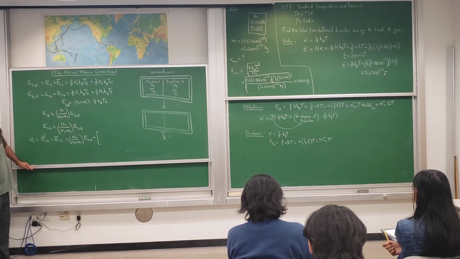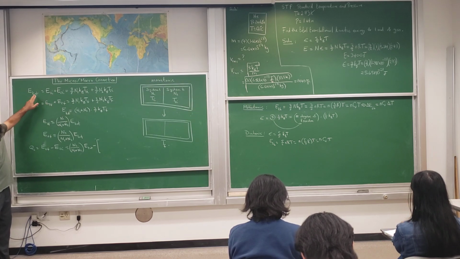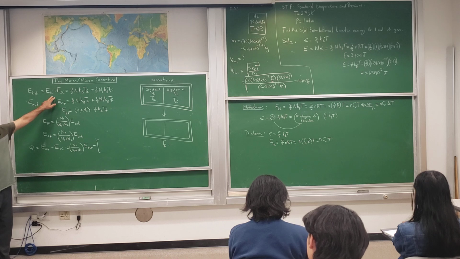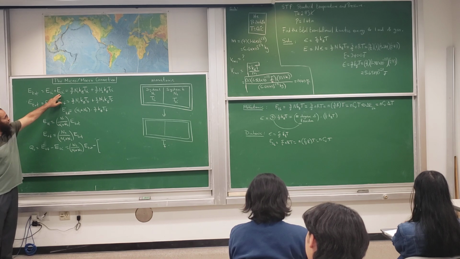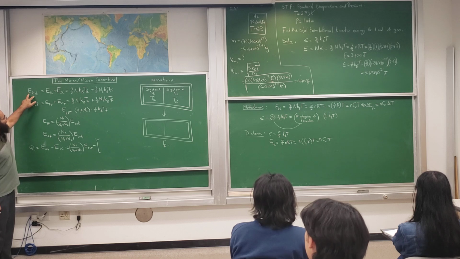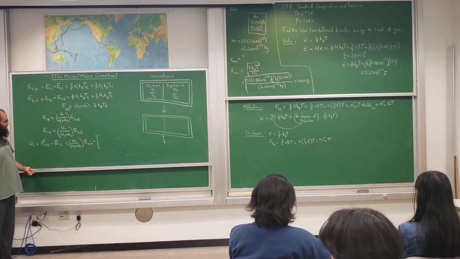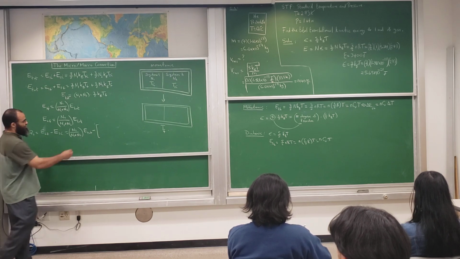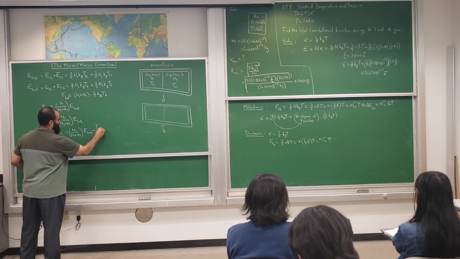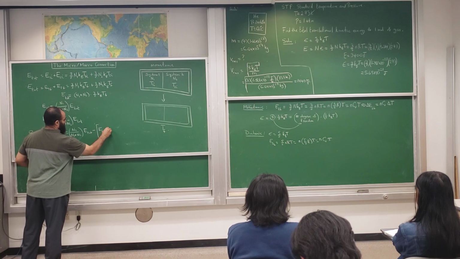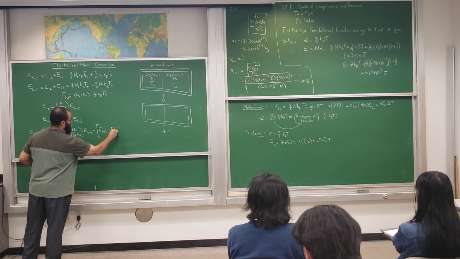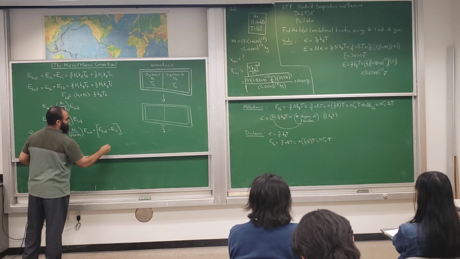Now E2 initial is equal to E total minus E1 initial. Just move this to the other side. It's E total minus E1 initial. So E2 initial is E total minus E1 initial.